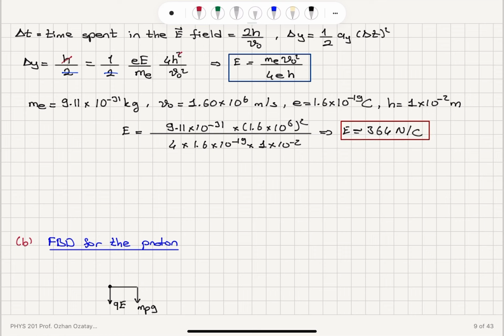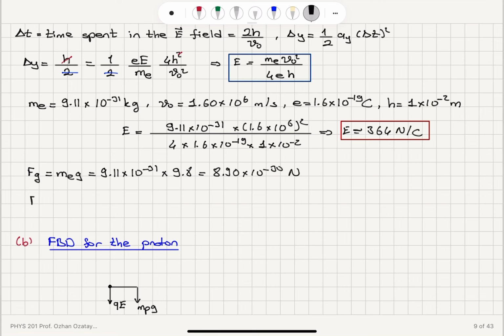And now I also want to go back and check the assumption I made about the weight of the electron. The gravitational force is the mass of the electron times the gravitational acceleration g. It is 9.11 × 10^-31 kilograms times 9.8 meters per second squared. It is 8.90 × 10^-30 newtons.